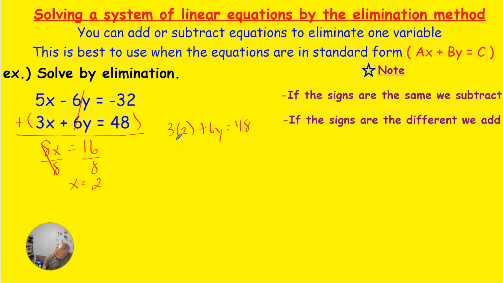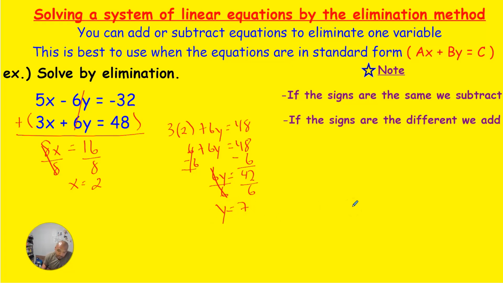Now again, we have only y to solve for. So we wind up with 6 plus 6y is equal to 48. Now we solve for y. We're going to subtract 6, and we wind up with 6y is equal to 42. And then we're going to divide by 6, and y equals 7.